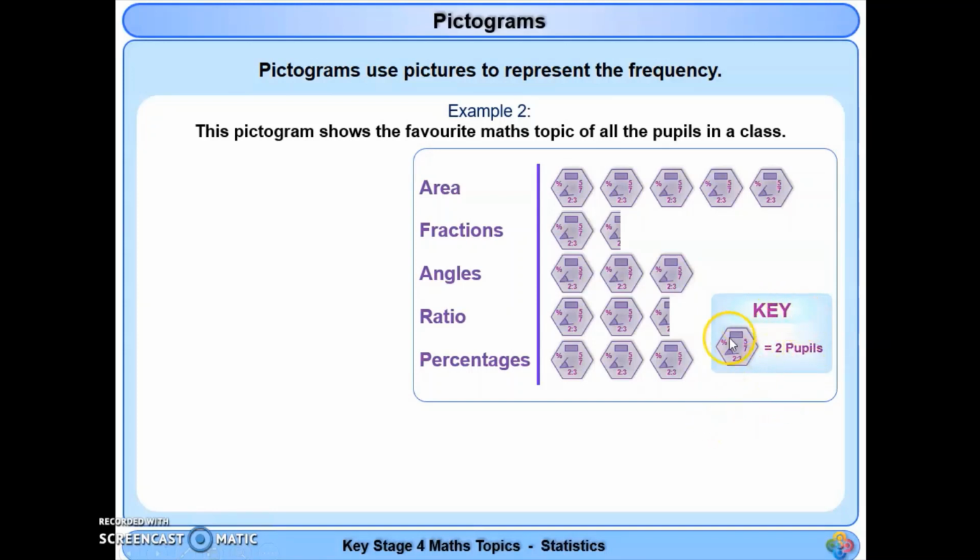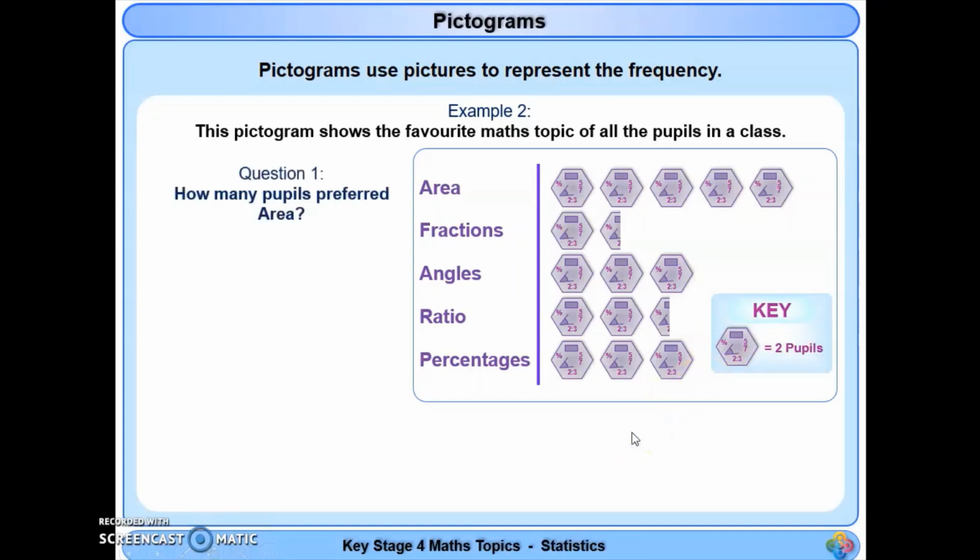So for example, in this example, the image is worth 2 pupils. In my previous example, the image was worth 4 DVDs, which shortened the length of the pictogram. So an advantage of a pictogram is we can reduce the size of the image just by ensuring the key equals greater than 1. Usually that is what you would aim for.